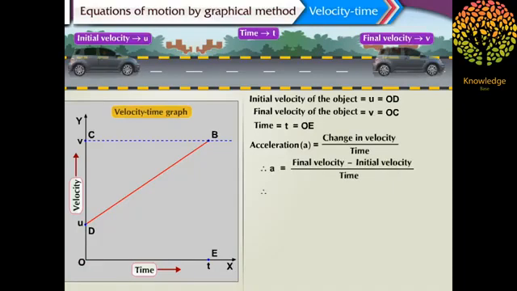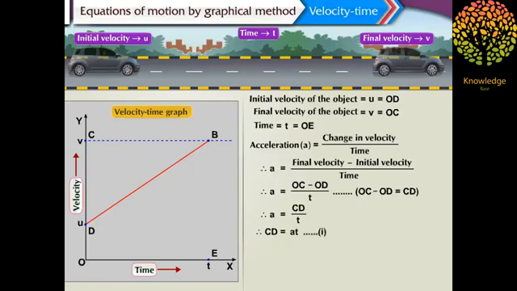Therefore, a equals OC minus OD upon t. Here, OC minus OD equals CD. Therefore, a equals CD upon t. Therefore, CD equals a into t. Equation 1.